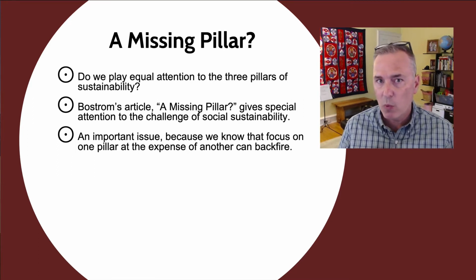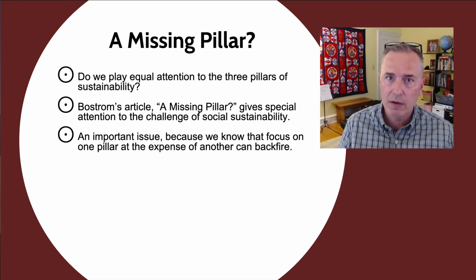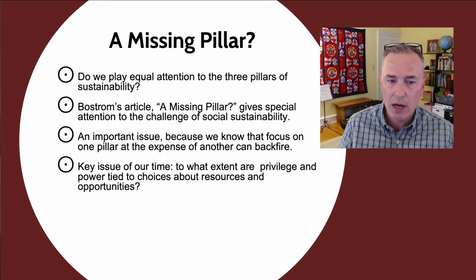So you could win on one pillar and lose on another, or put those pillars into conflict with each other. There are a lot of examples where unintended consequences happen because you're focusing more on one aspect of sustainability and not so much on another.